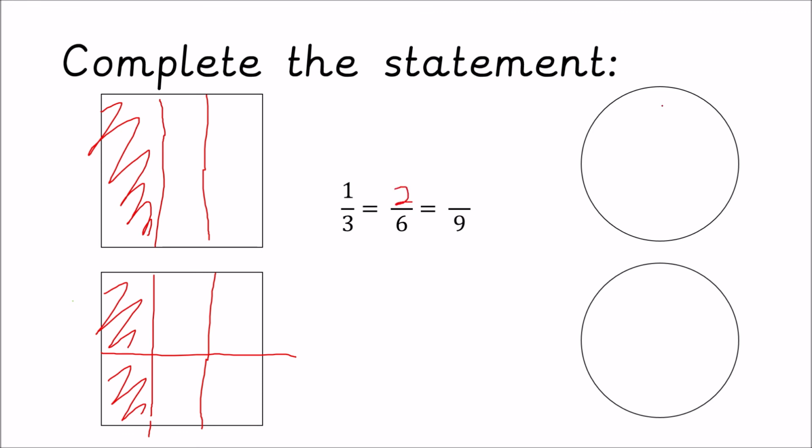And what about ninths? Well, I can divide the circle into thirds. Bars are often easier. I would usually advise you to do a bar, but it is possible to do it with a circle. So divide into thirds. And then for the ninths, I'm going to divide each third into 3.